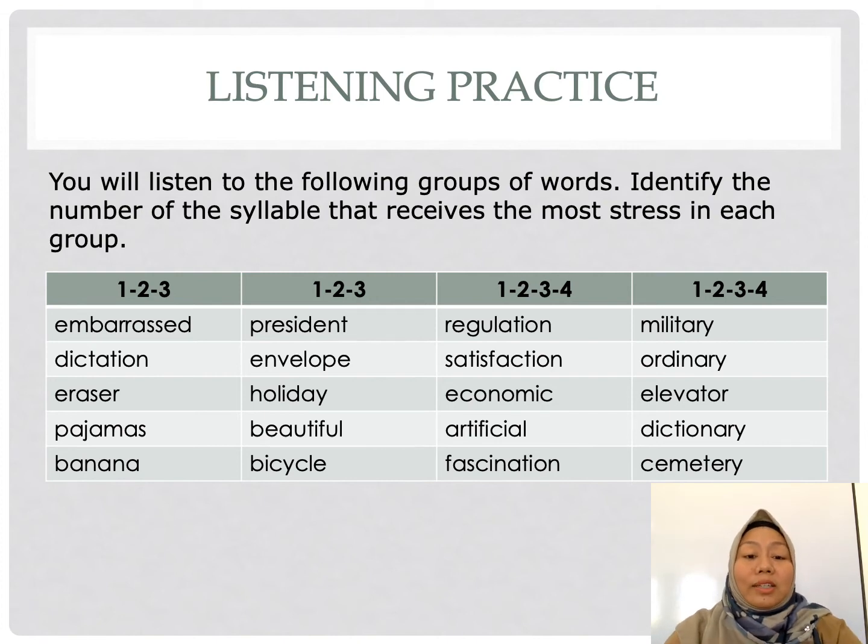Now I would like you to listen to this group of words, and take notes on which syllable the stress is on for each word. For example, this one: is it in the first, second, or the third syllable? And this one, and also this one.